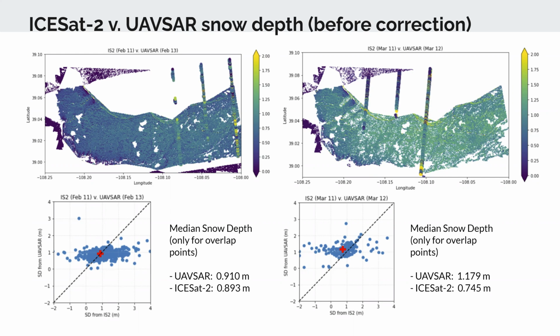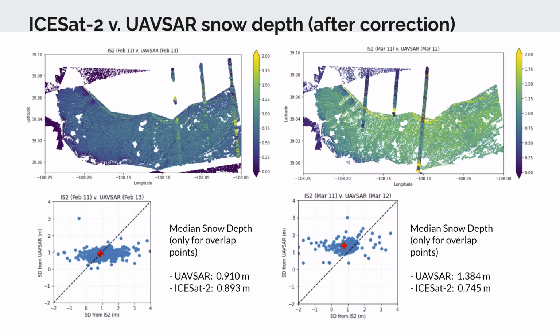When we compare UAVSAR snow depth derived from uncorrected phase change with UAVSAR snow depth derived from corrected phase change, we see there is an improvement in the result, showing that ICESat2 might give a promising result to improve UAVSAR snow depth.